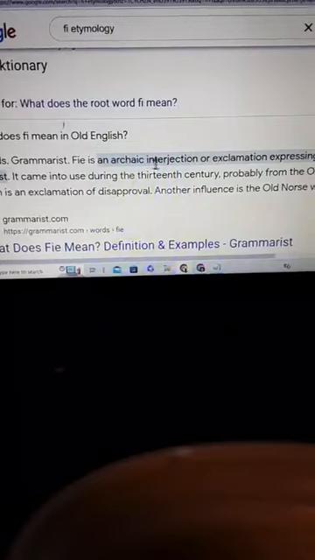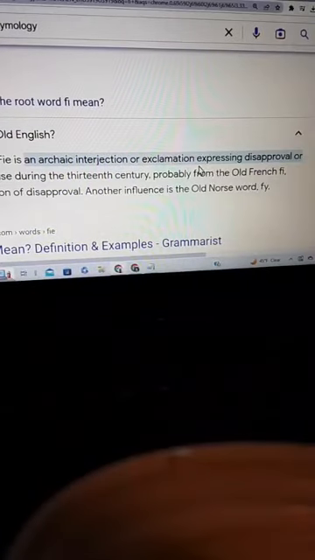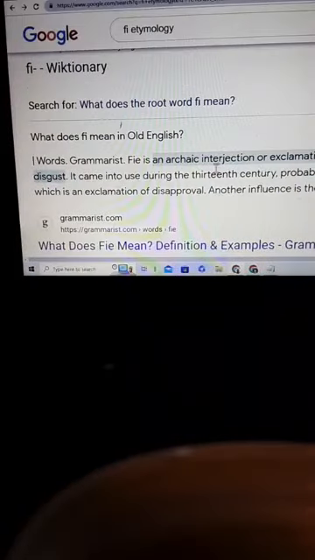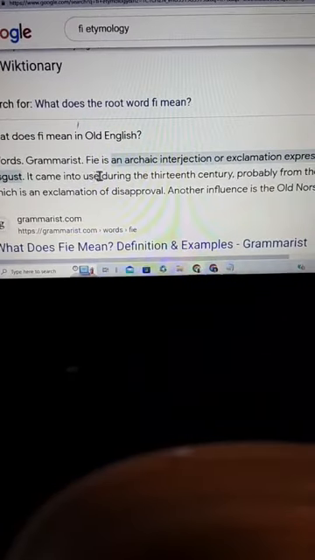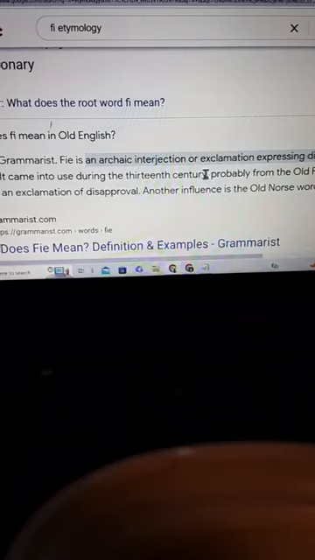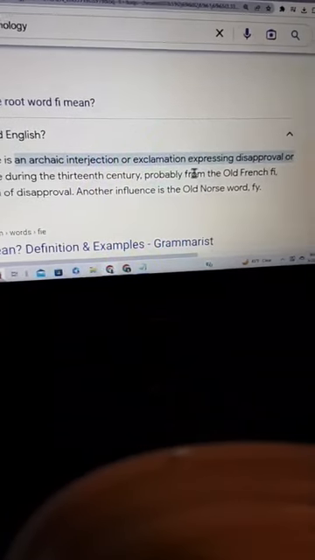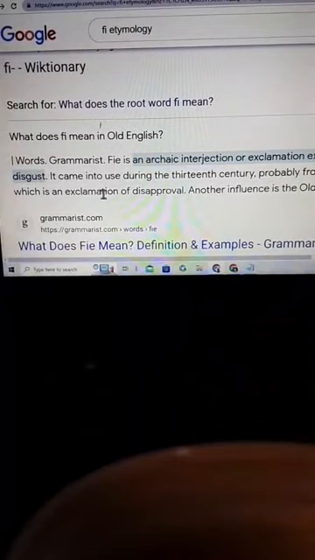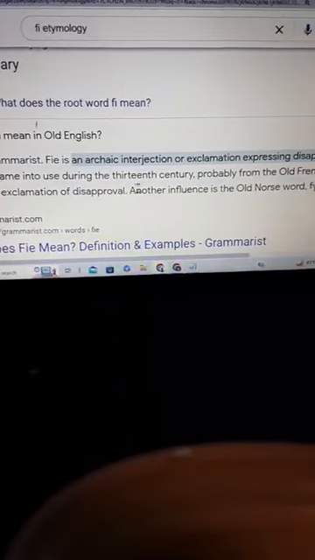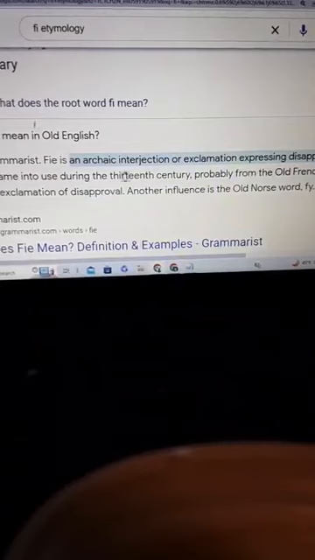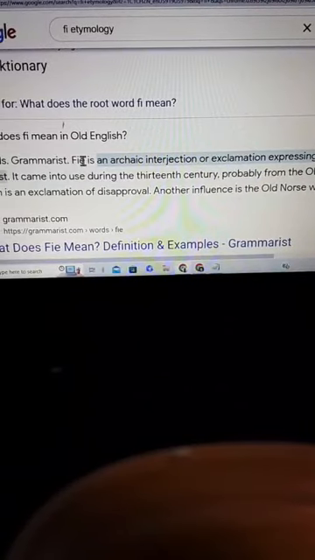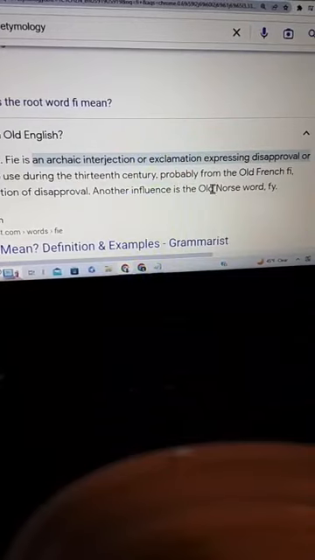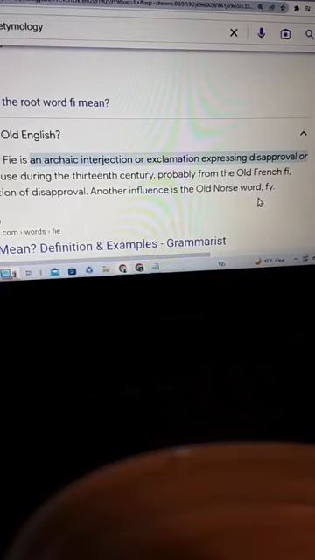Is an archaic interjection or exclamation expressing disapproval or disgust. It came into use during the 13th century, telling us when they adopted it, probably from Old French fi, which is an exclamation of disapproval. So even Old French and Old English both adopted it from Latin. Another influence is the Old Norse word fy.